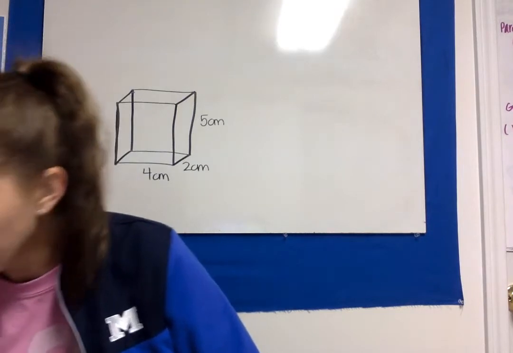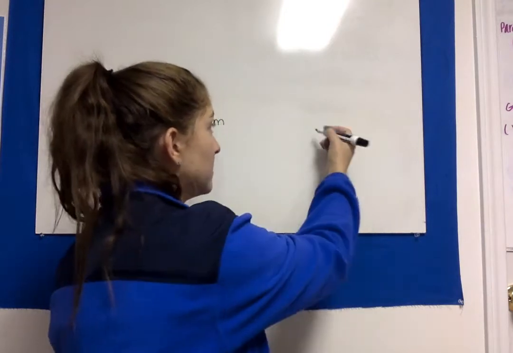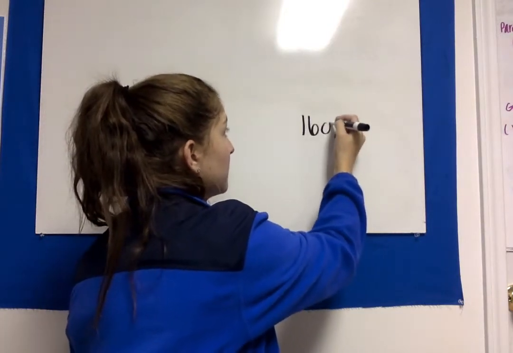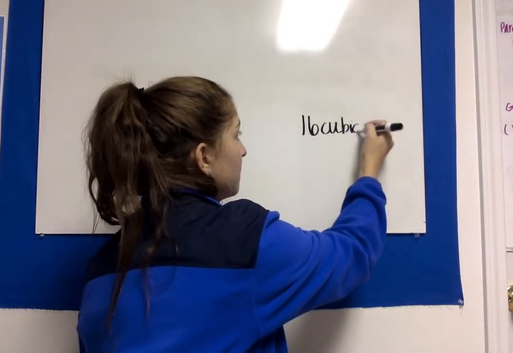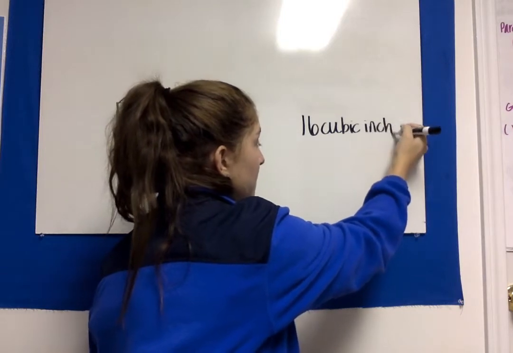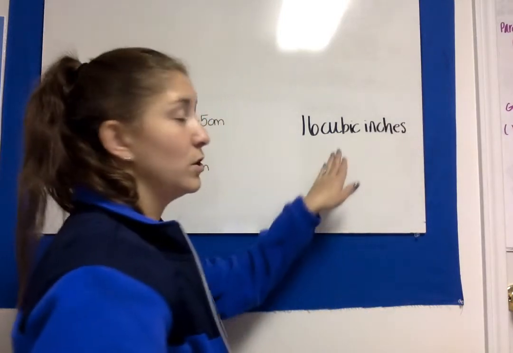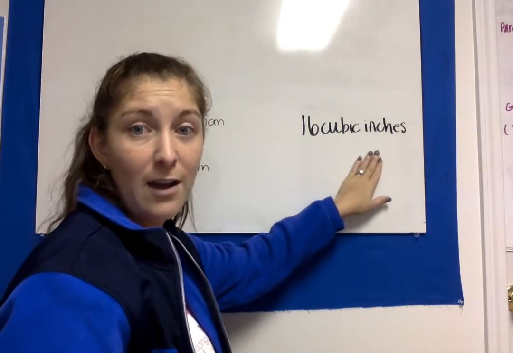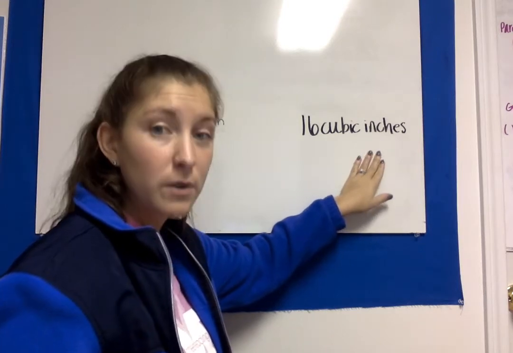Whenever we write and label things for volume, we want to make sure that we are labeling it correctly. If you have a figure that is measuring 16 cubic inches, there's a couple different ways that you can write it. You could write it out just like that, or you could abbreviate it.